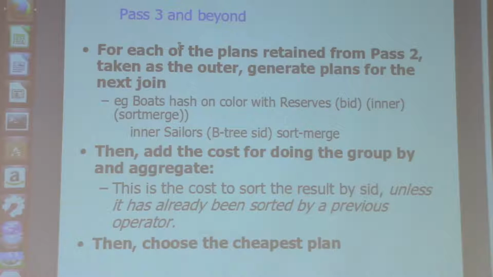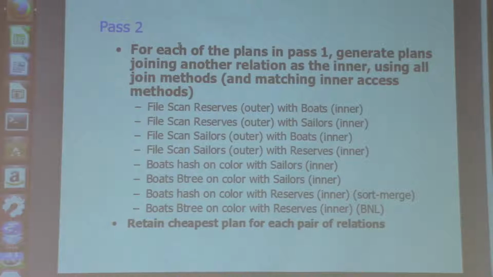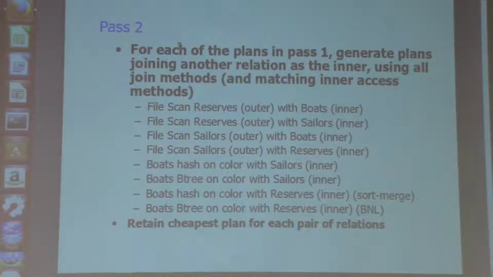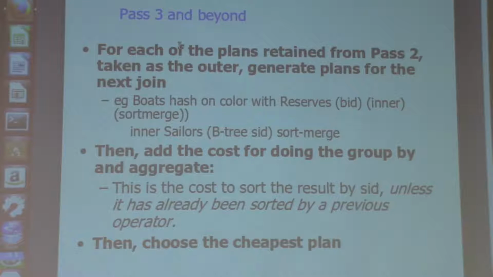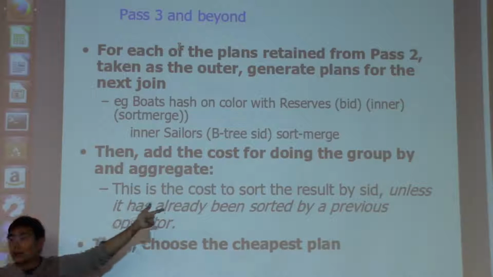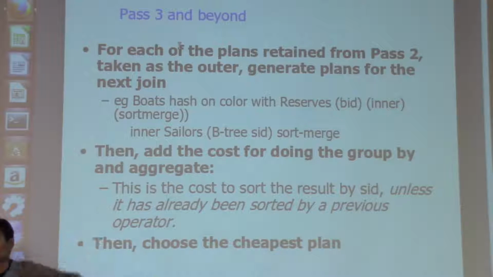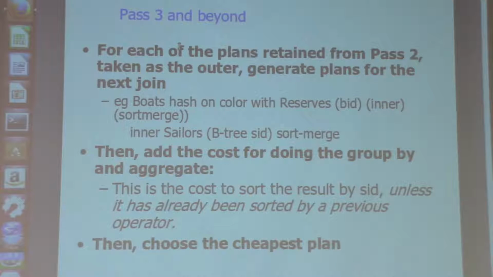Do not consider a cross product. For example, you have the hash on color with Reserves, which is a sort merge join, which is this one, right? You take that and you inner join with the B+ tree on sid over Sailors.